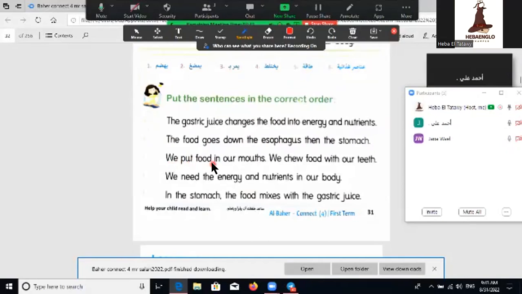Yes, Jana: we put food in our mouths, we chew food with our teeth. Yes. Ahmed: We need the energy and nutrients in our body. Yes, energy and nutrients. Yes, Jana. In the stomach, the food mixes with the gastric juice. Yes. Okay.